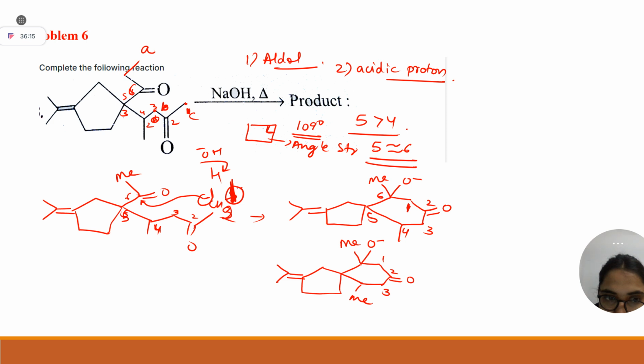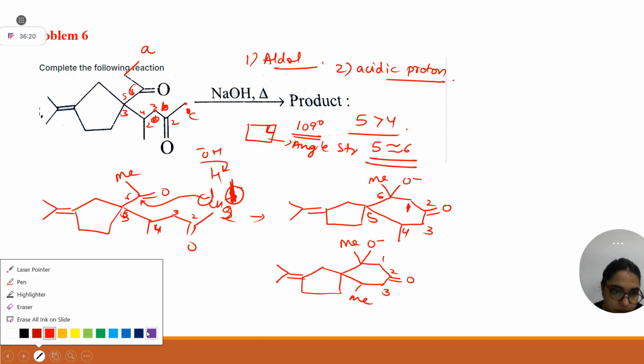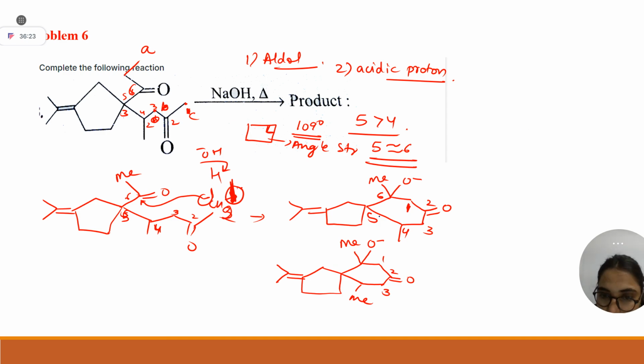Carbon number 5, and this is your 6. Is this clear? Yes, ma'am. Let me show it like this. This is the new bond which you have formed via aldol reaction. Yes or no? This bond. Here earlier it was carbanion, it just attacked this carbonyl. This is the intramolecular version of aldol reaction. Clear, students? Yes, ma'am. Okay, good. Now what will it form? Draw this part as it is.